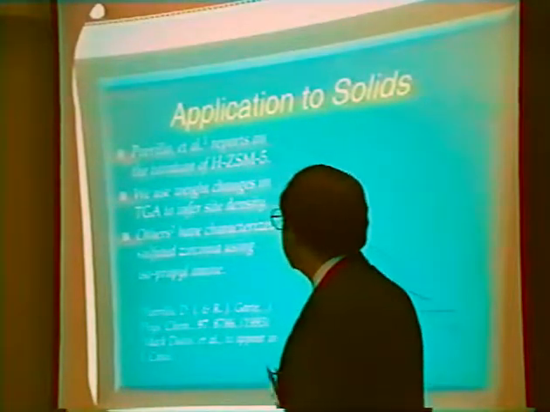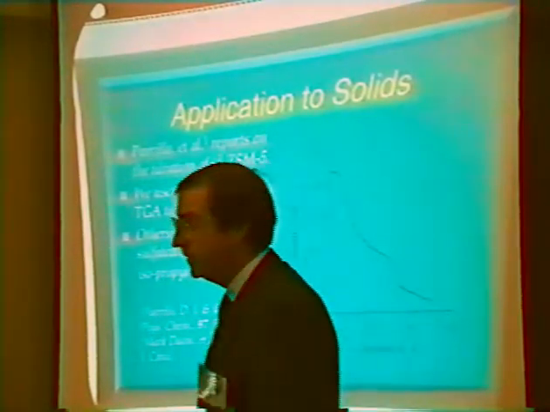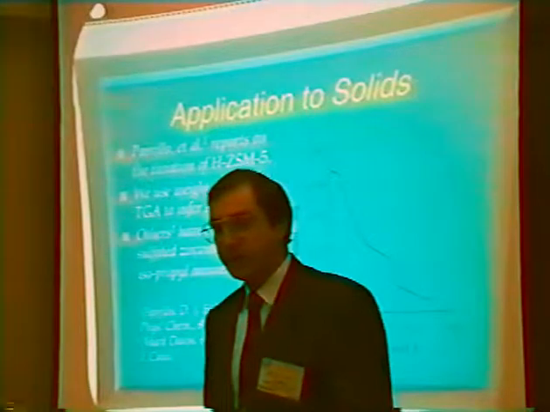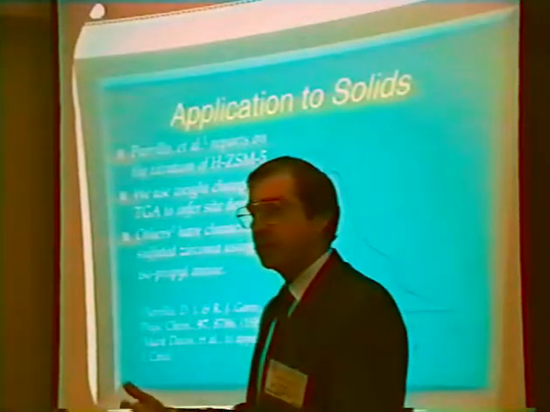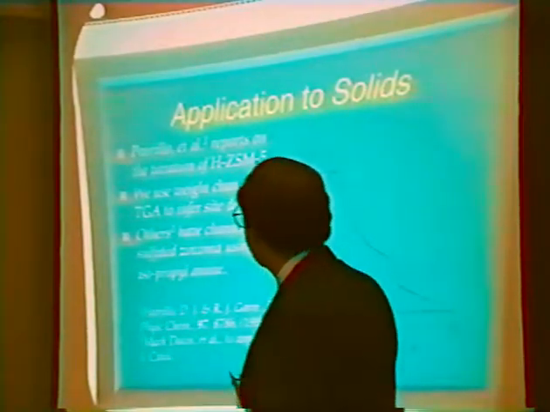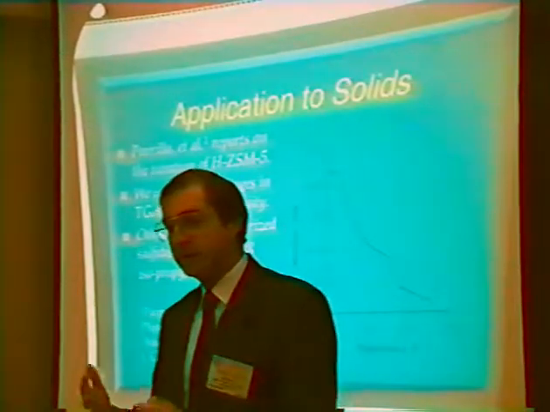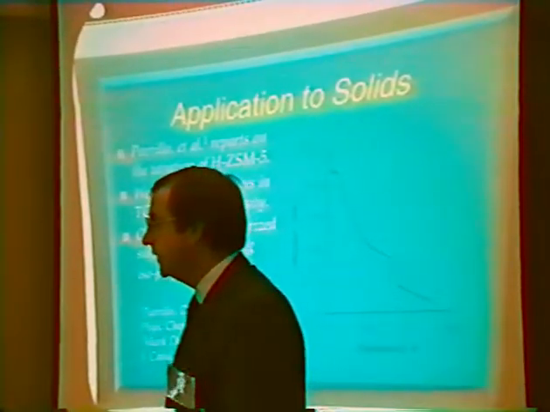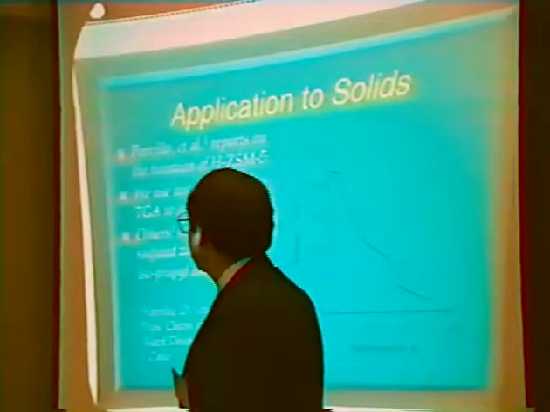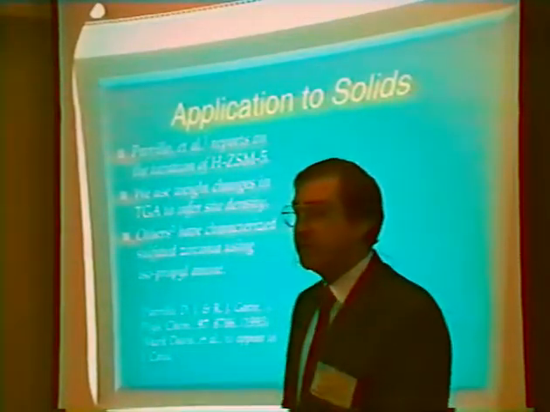This was done in a TGA, but you can also follow these changes in a mass spectrometer. And then the solid's temperature would be increased at a steady rate. And in the TGA, the mass of the solid decreases as something occurs. And they noticed two weight changes, two regions of weight change.